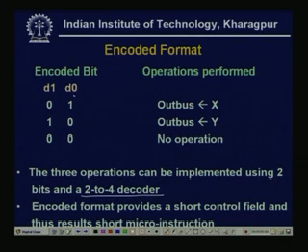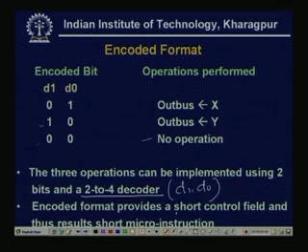So, D1, D0 are the inputs of this decoder. Now, if D1, D0 is 0, 1, contents of X go to out bus. If it is 1, 0, contents of Y go to out bus. If it is 0, 0, then there is no operation. So, in the unencoded format these were the control bits and now these are the inputs of a decoder. So, this encoded format can be implemented using 2 bits and a 2 to 4 decoder.